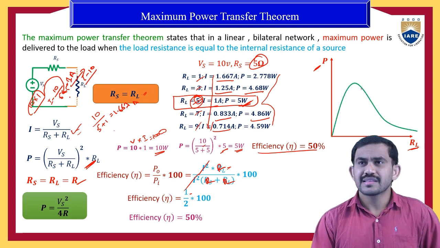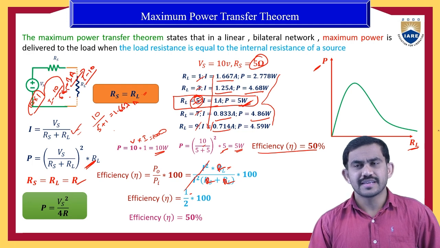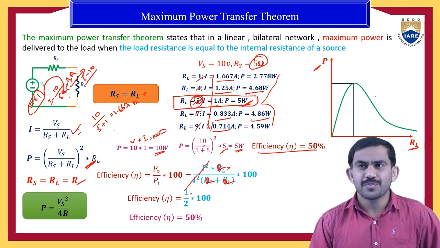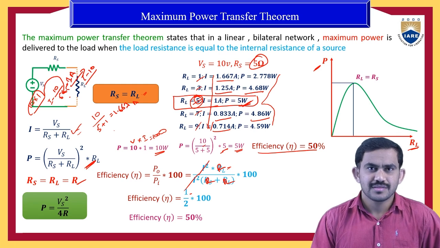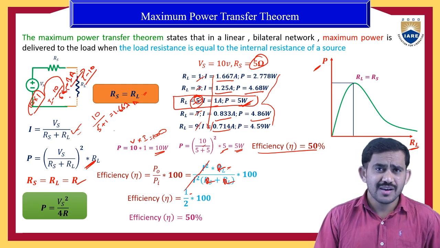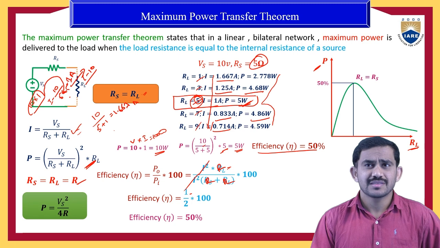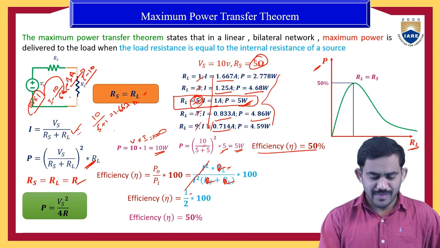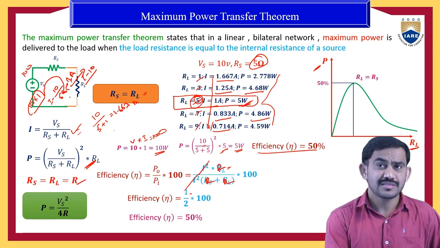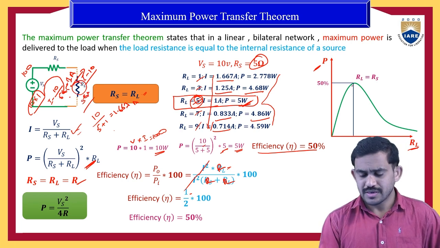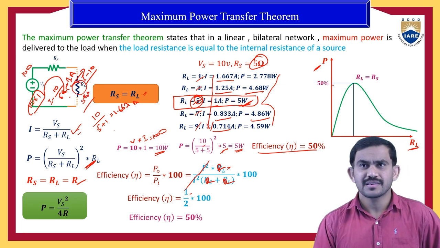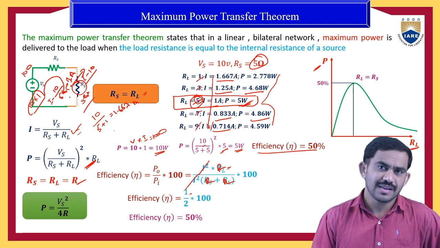It increases and then decreases. The maximum point is where RL equals RS. And how much efficiency do we have? Only 50%. At that maximum peak, which is when RS equals RL, the efficiency is only 50%.